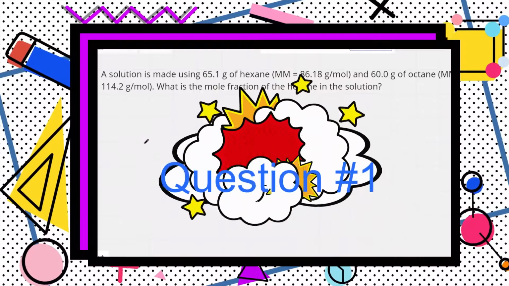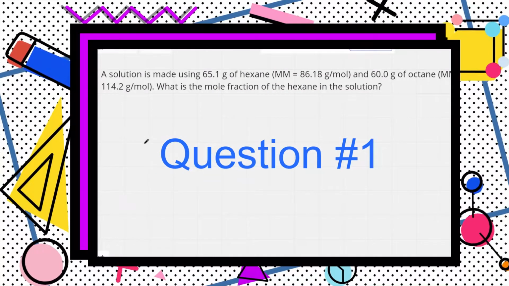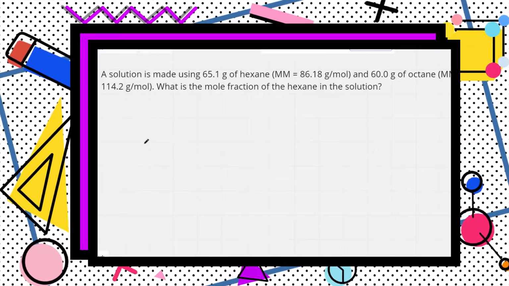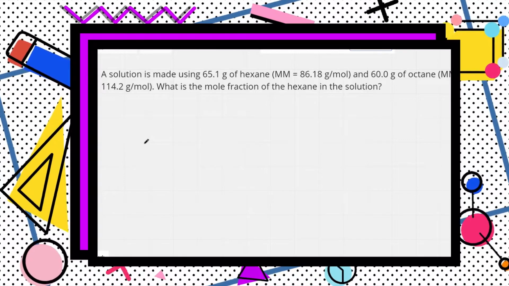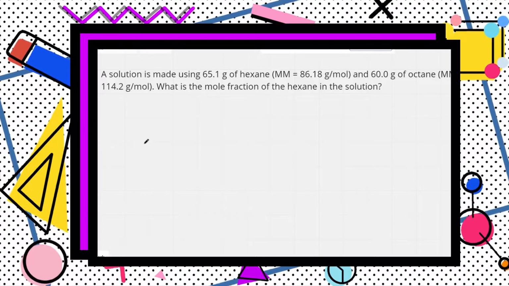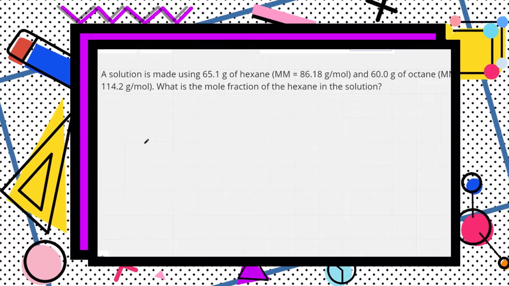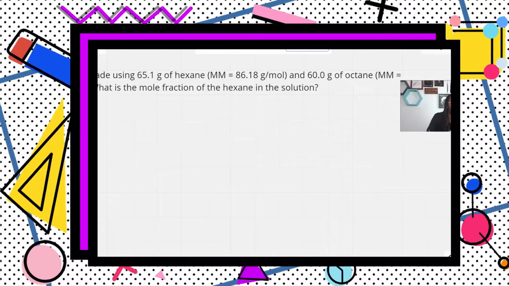A solution is made using 65 grams of hexane, and the molar mass of hexane is 86.18 grams per mole. You also have 60 grams of octane, the molar mass being 114.2 grams per mole. What's the mole fraction of the hexane in the solution? Mole fraction. What exactly is mole fraction?